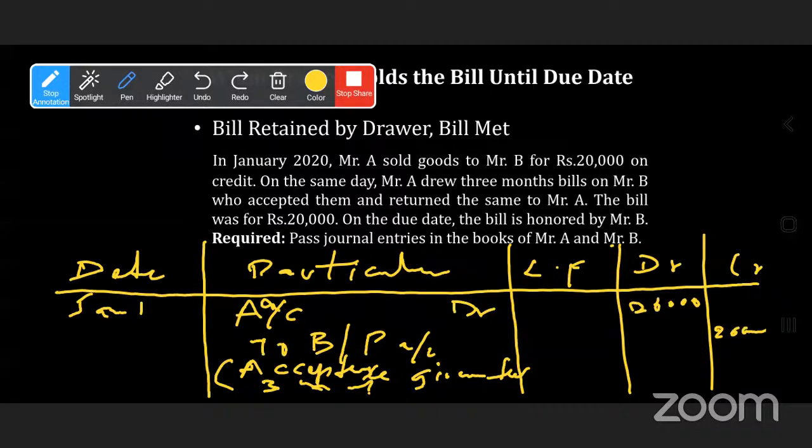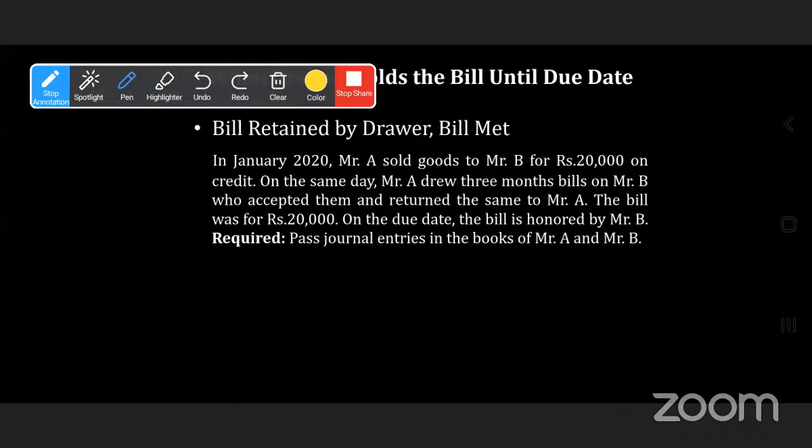Now I'm going to another entry. On the due date, the bill is honored by Mr. B. So on the due date, B has given cash to Mr. A. In the last entries we have calculated the due date, so the due date comes on April 4th.